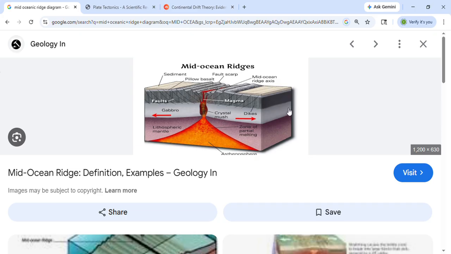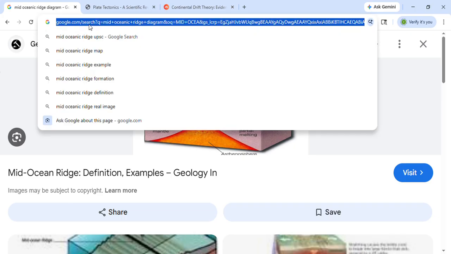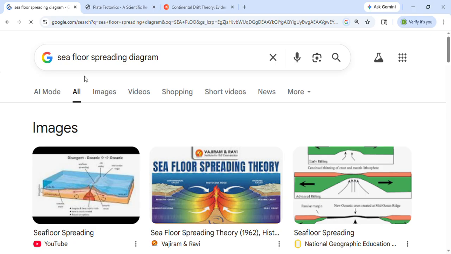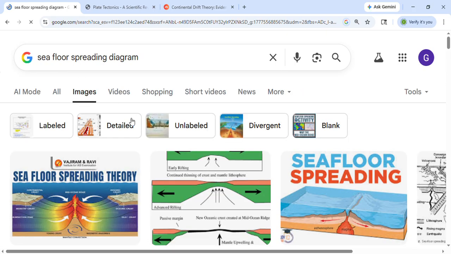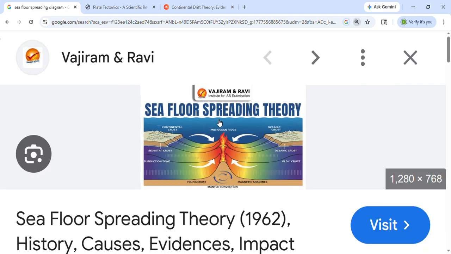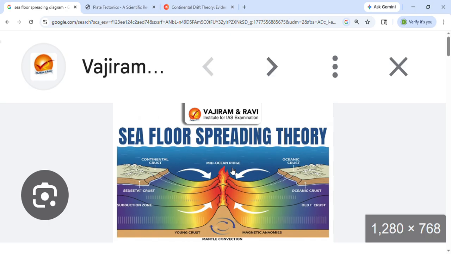Next question: explain the seafloor spreading hypothesis by Harry Hess. So now we learn about seafloor spreading. Harry Hess argued that the eruption at the crest of the oceanic ridges causes the ocean floor to split and spread.